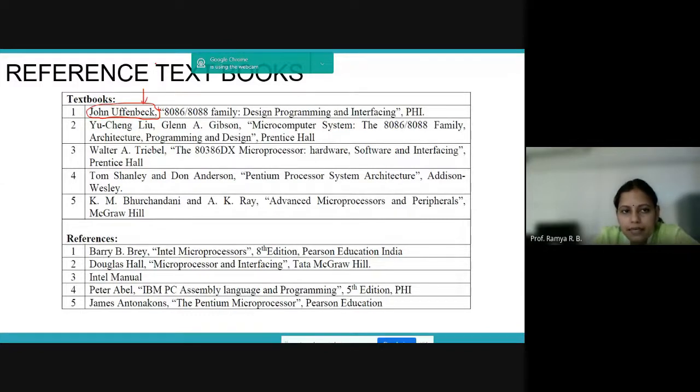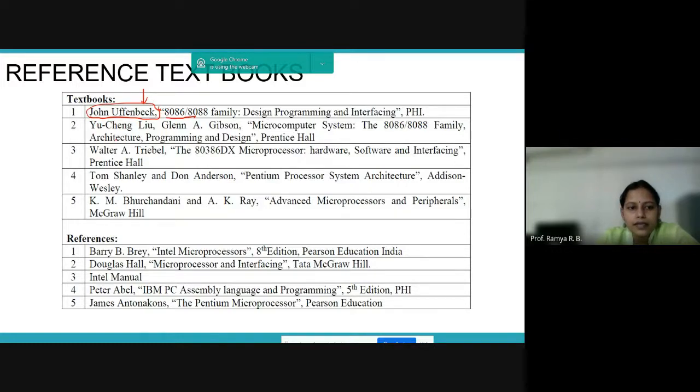This is the standard foreign author textbook, which is followed all over the world by university students. So if you could get a soft copy of this textbook, 8086/8088 Family: Design, Programming and Interfacing by Uffenbeck, well and good. This textbook is also available in your college library. So if you want a copy, you can come and fetch it.